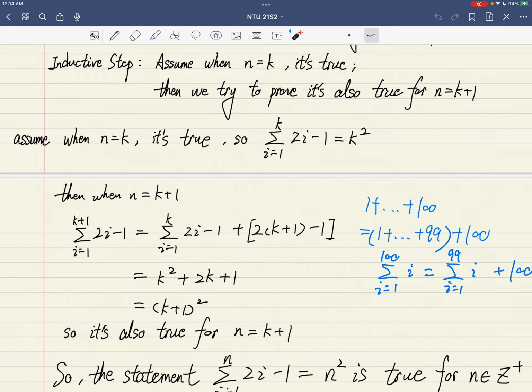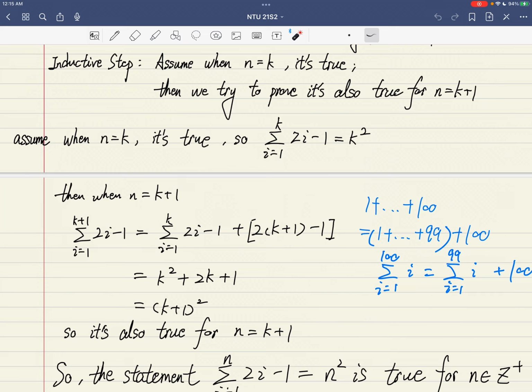So when every domino falls down, it pushes the next one down. That's just like the inductive step. When n is equal to k is true, we try to prove that n is equal to k plus 1 must also be true.